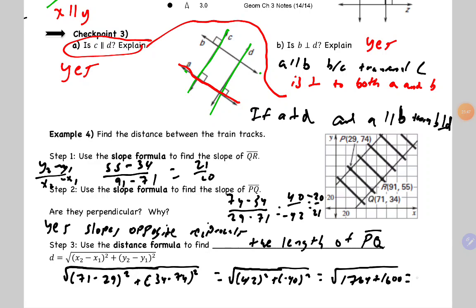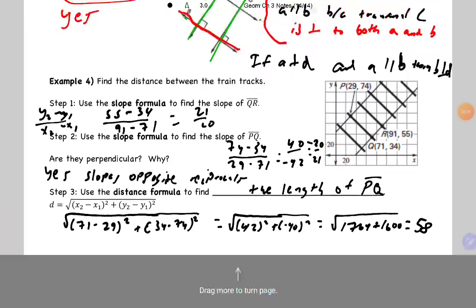So we take the square root of that, 3364, and it comes out to 58. 58 units, since they didn't give us any measurements. And that is all for today.